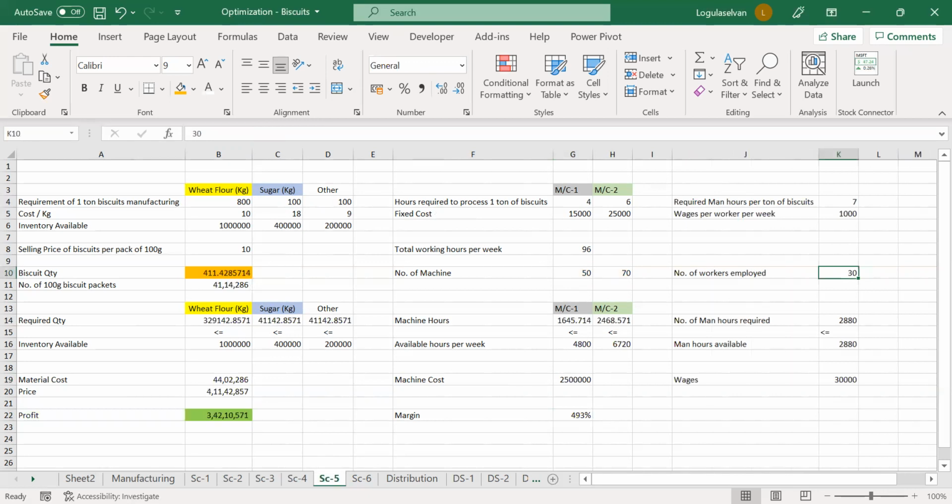Further, when you add one more constraint of man hours, you can see the margin drop down below 500%. When we add the packing cost, it dropped down below 400%. So this is how each and every constraint added to the production plan has an impact on the profit as well as the profit margin.